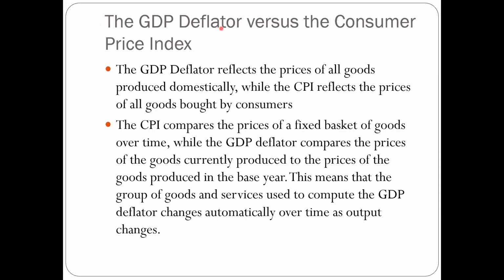So first, back to the definition of the GDP deflator and the consumer price index. The GDP deflator reflects the prices of all goods produced domestically. So the GDP deflator is concerned with goods that are produced only domestically, while the CPI reflects the prices of all goods bought by consumers.